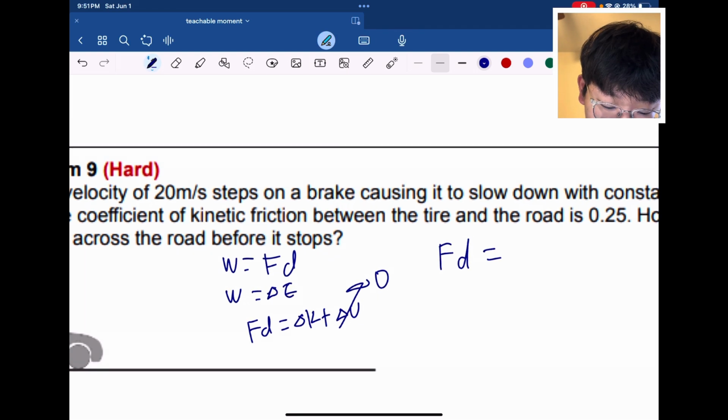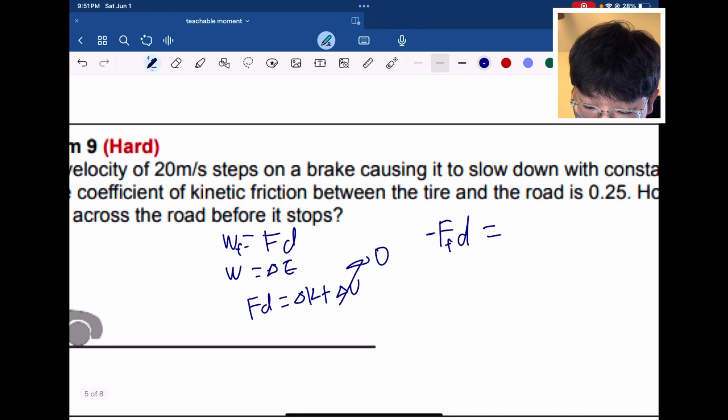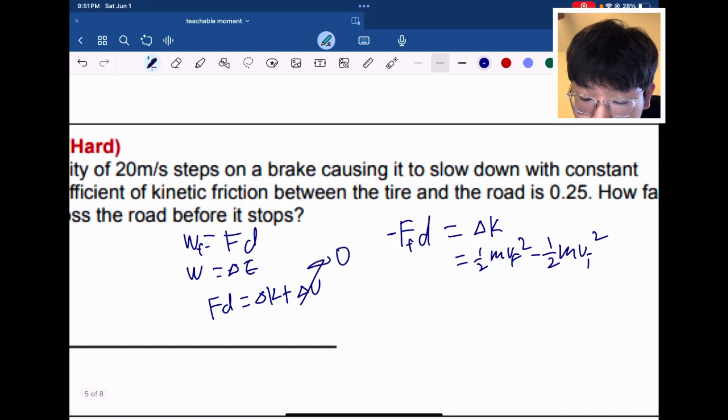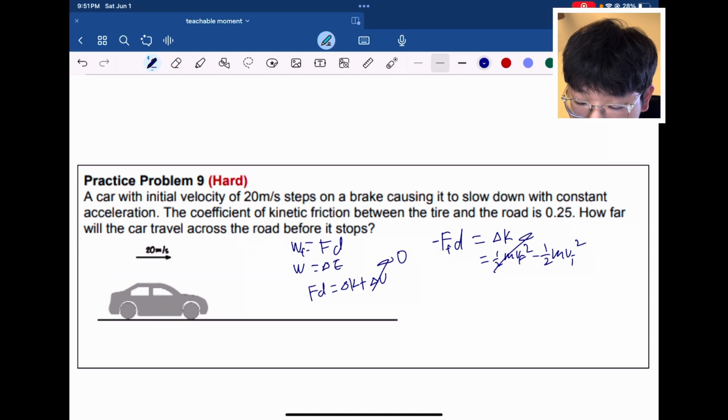Oh sorry, it is work non-conservative due to the friction force, so this should be negative times distance is change in kinetic energy, which is half mv final squared minus 1/2 mv initial squared, and final velocity is 0, so that cancels out, and there are two negatives, so we can cancel those out.